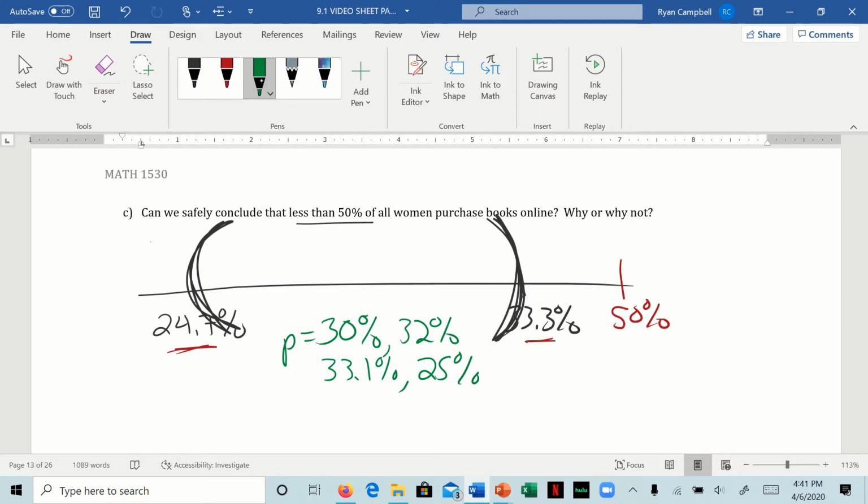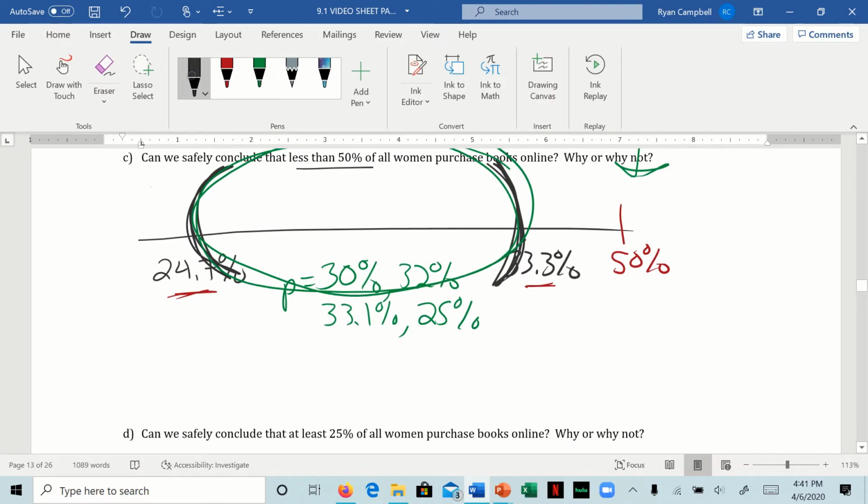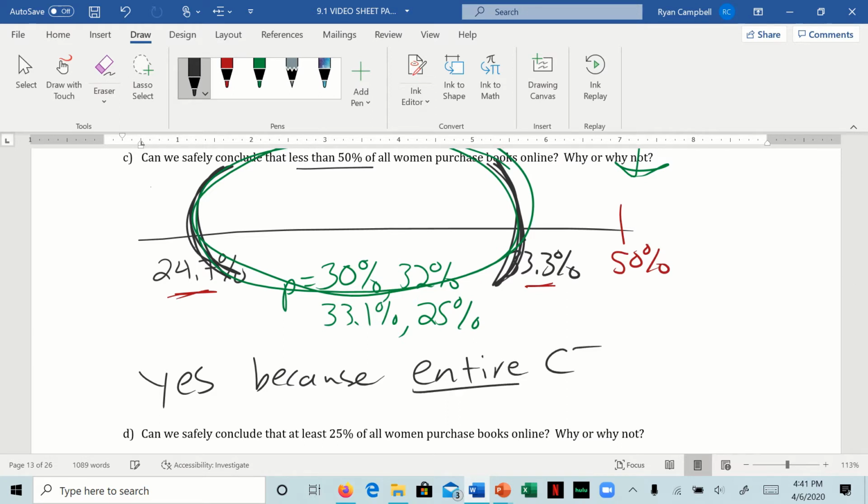So are all of these numbers less than 50? Yeah, the entire confidence interval is less than 50. So can we safely conclude that less than 50% of women purchase books online? Yeah, any number between these two numbers is going to be less than 50. So we could say yes, because the entire confidence interval is less than 50%.